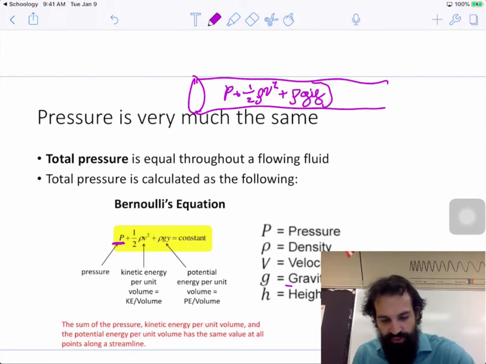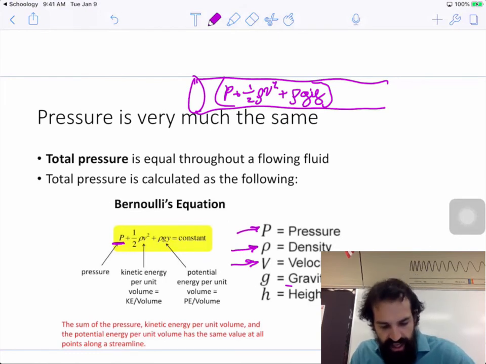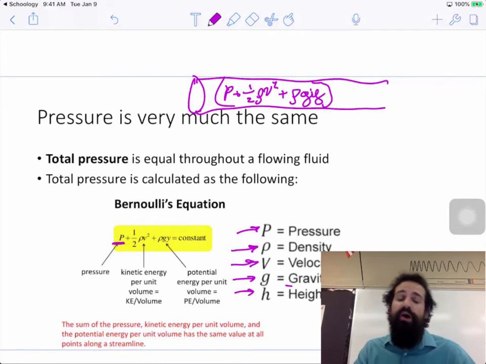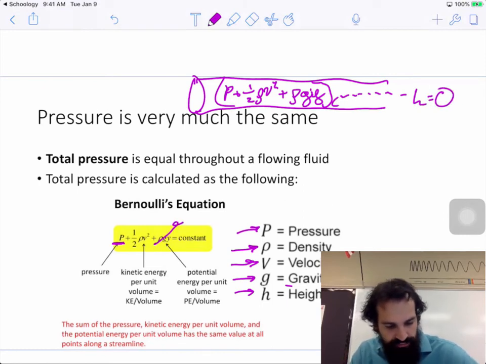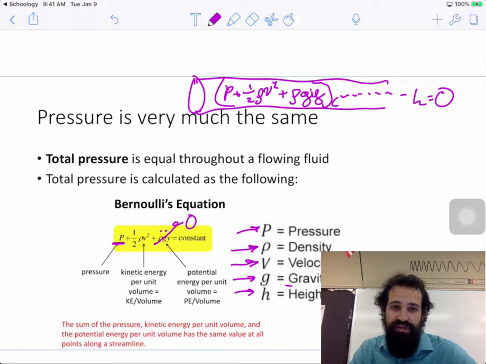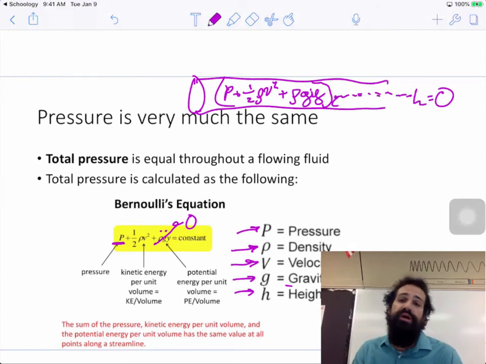And that will give you the total pressure in the pipe at that point, where P is the initial pressure, rho is the density of the fluid, v is the velocity of the fluid at that location, g is gravity, 10 meters per second squared, and h is the height above the ground. So right now this is at what I would call height equals 0, which would mean this last term, density times gravity times a height of 0, is going to give you 0. So you are going to have to choose a reference height, and I will show you guys how to do that.